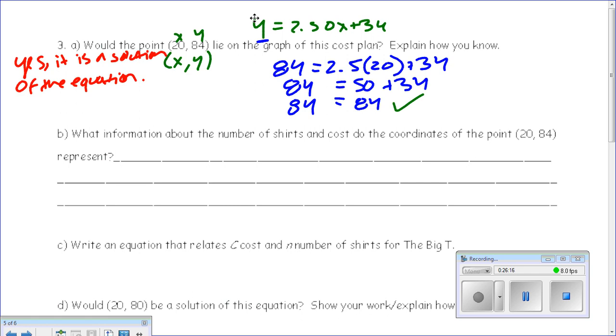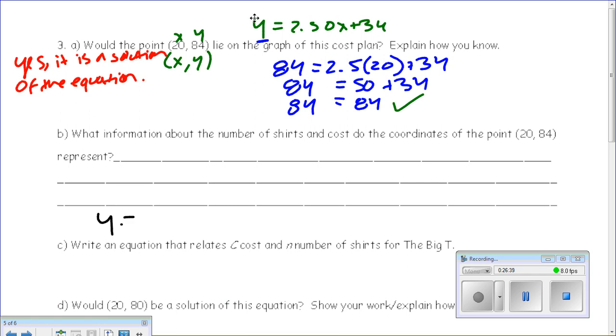If we go on to B, it says, what information about the number of shirts and cost do the coordinates of 20 comma 84 represent? Well, what does the 20 and what does the 84 represent? Well, this is my equation. I'm going to write it up here.